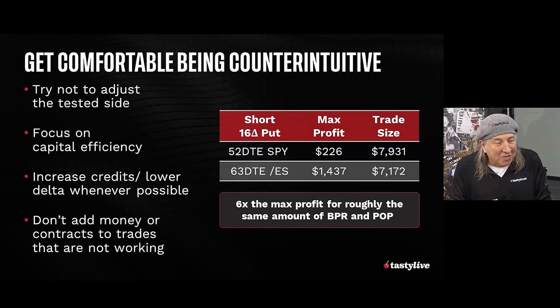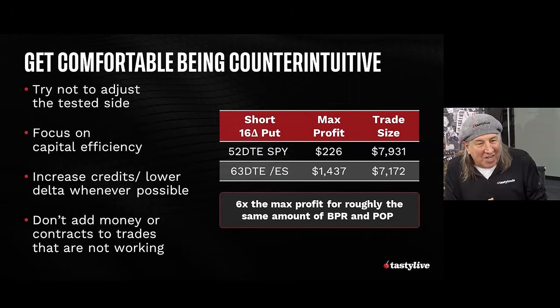You can stay in, you can fight the good fight, you can battle to the bitter end, but you're not going to add money to the trade, which you do by increasing credits, not paying debits, and by lowering delta as much as you can. Sometimes the stock wins. Sometimes trades don't work. So focus on capital efficiency. Be comfortable being counterintuitive. Try not to adjust the tested side ever.